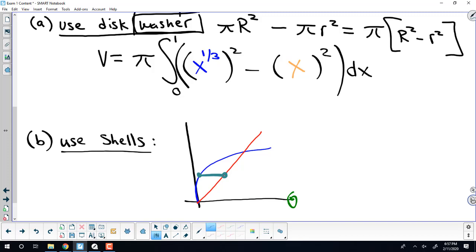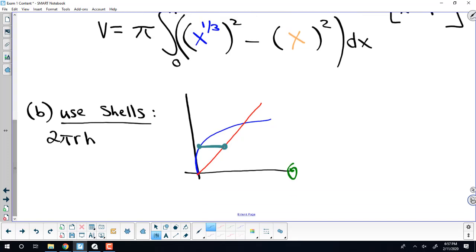So the formula for the shells was what? 2 pi times r times h. All we're concerned with is the area of the cross sections. 2 times pi times r times h. So this distance that the cross section is marked out right here, from here to here, what is that?